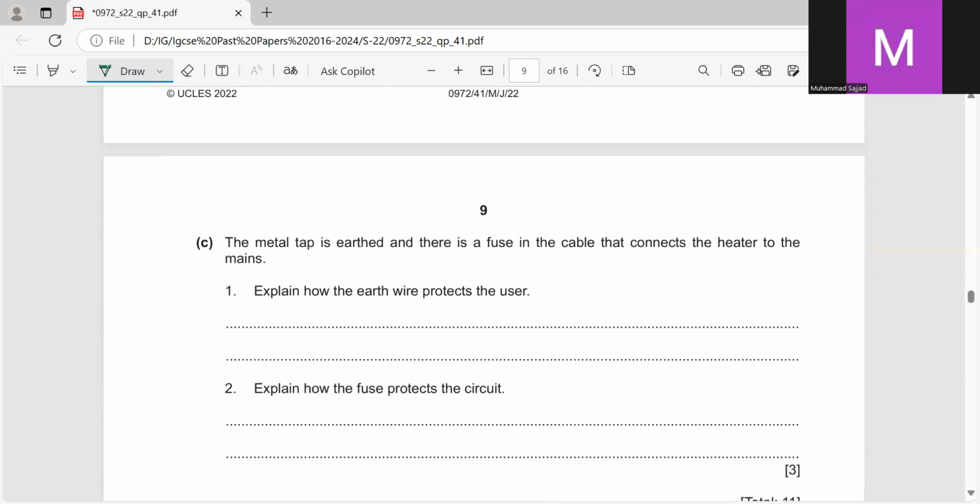Then, my dear friends, the metal tap is earthed, and there is a fuse in the cable that connects the heater to the mains. Explain how the earth wire protects the user. Now, see, this is the problem. Very few papers are there in IGCSE Physics paper 4, and till 2015 it was paper 3 extended paper.